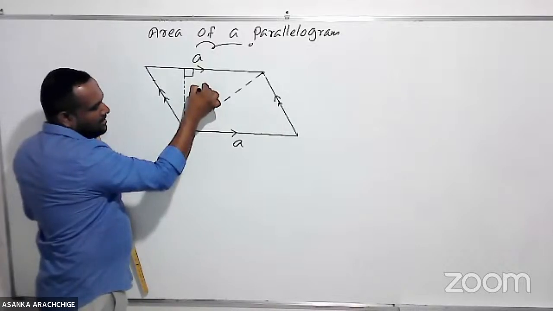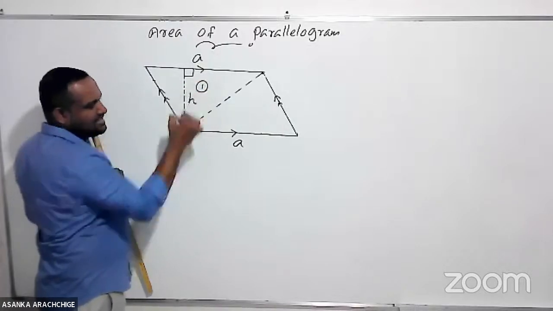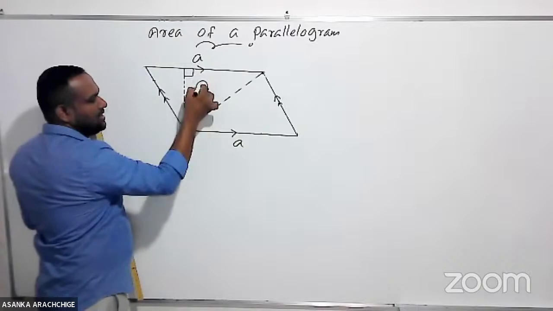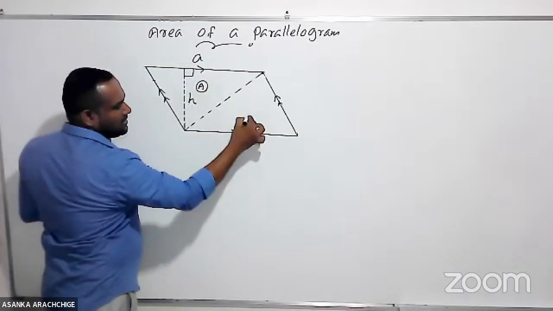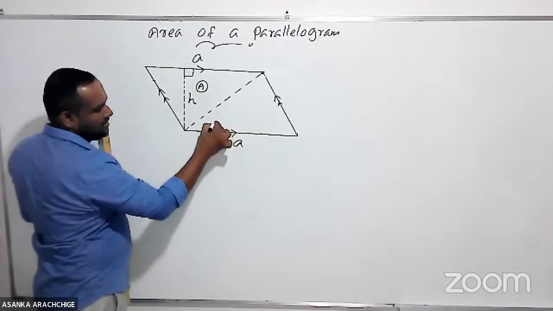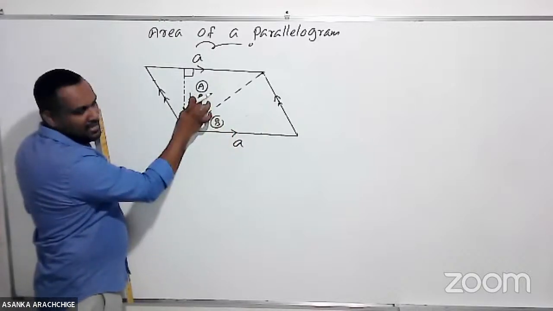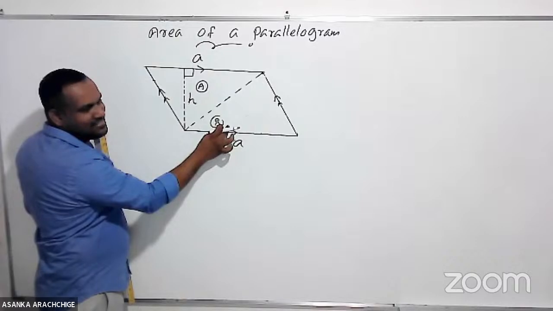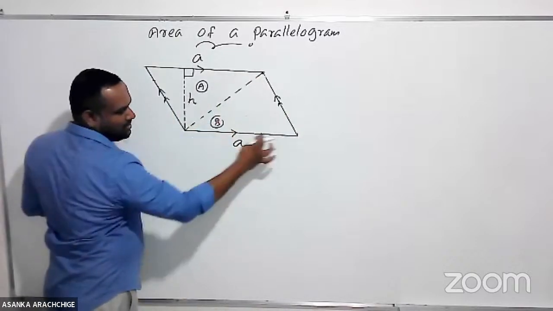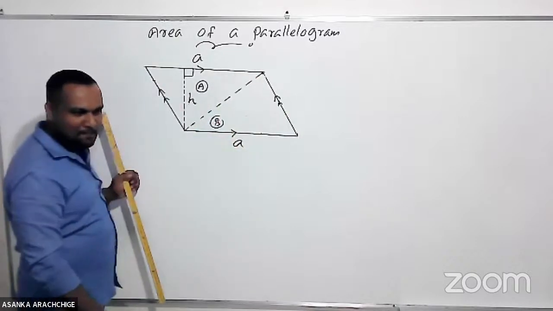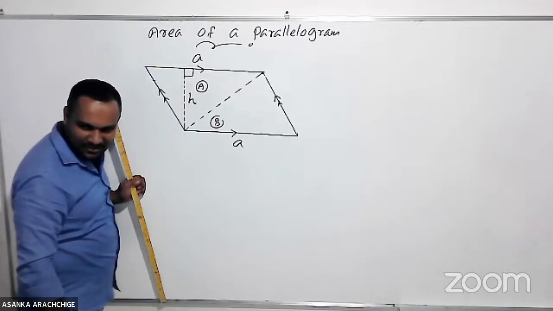I label this triangle as capital A and this other triangle as capital B. So, the sum of the area of this triangle and this triangle must be equal to the area of the parallelogram. Is that clear?